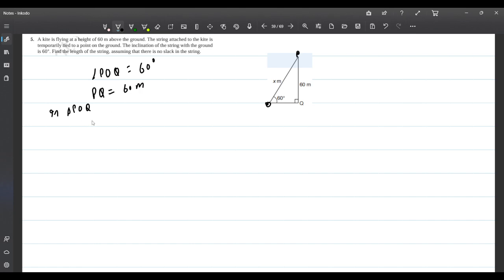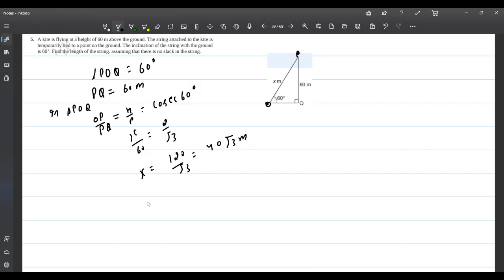OP upon PQ, hypotenuse upon perpendicular. What is hypotenuse upon perpendicular? Cosec. Cosec 60 degree is hypotenuse upon perpendicular. So this is equal to cosec 60 degree. So this is equal to x by 60 is 2 upon root 3. So x is equal to 120 upon root 3, so this is equal to 40 root 3.